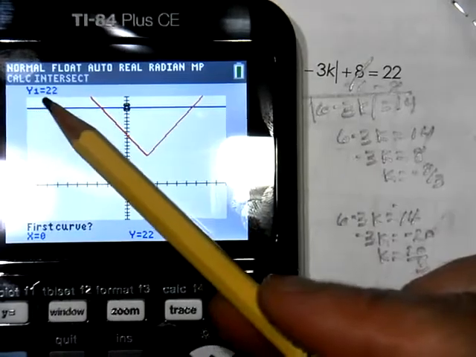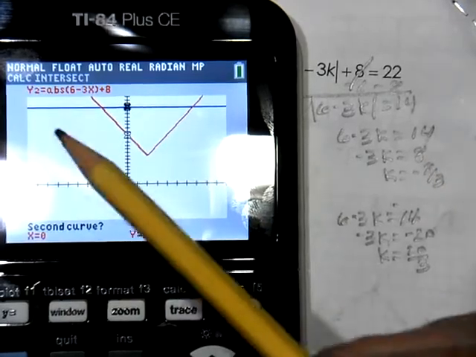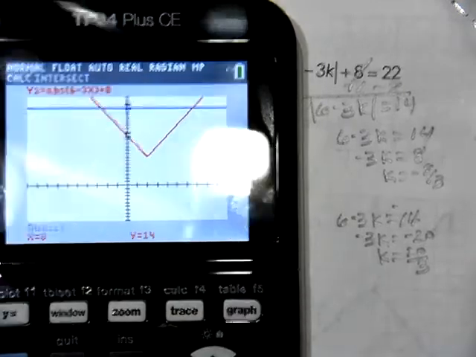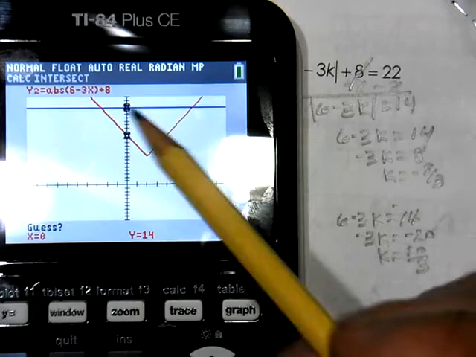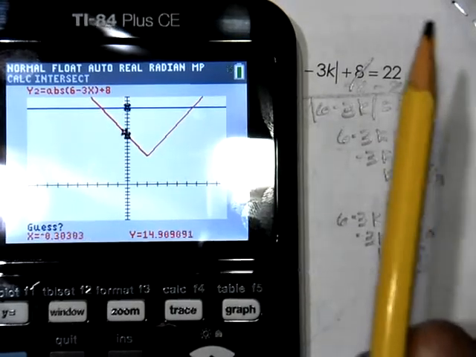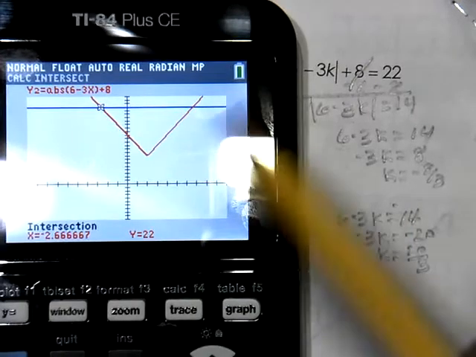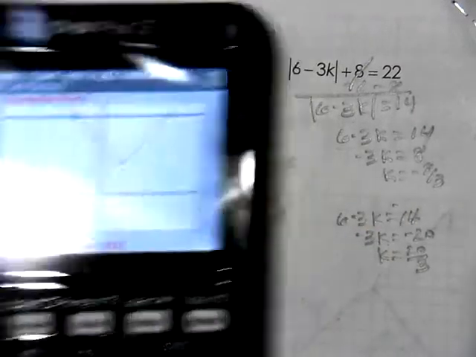Now up top it asks, is that one of the equations that we're working with? Yes, that's the blue line. That's the equation of the red line. That's the absolute value. So you agree to both of those. You hit enter for both of those. Now notice there's two answers. So I'm going to get closer to the answer I'm interested in and hit enter. It tells me it's at negative 2.66.